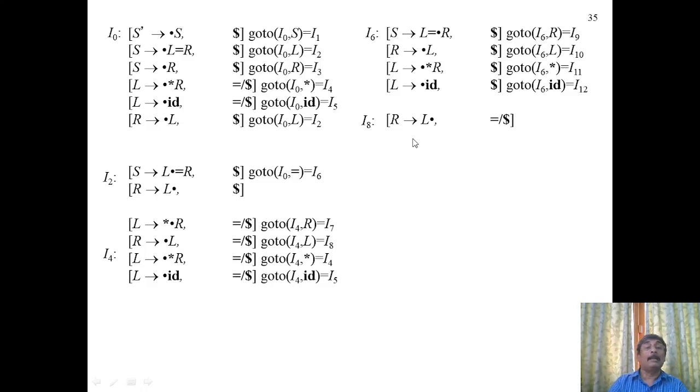That's how you reached I8, and if you replace L by R, it becomes star R equal to. And star R equal to is a very much valid viable prefix. And that's how, if you reduce this in state number 8, that's correct. But if you reduce in state number 2, that's not correct. Follow is not helping. My look ahead is helping me to the greatest extent.